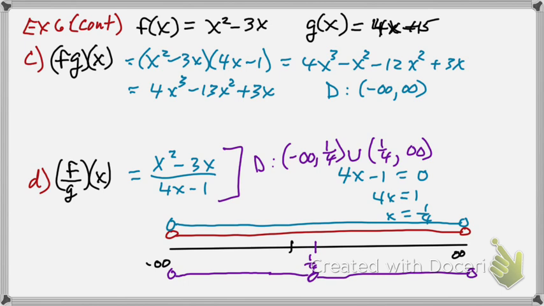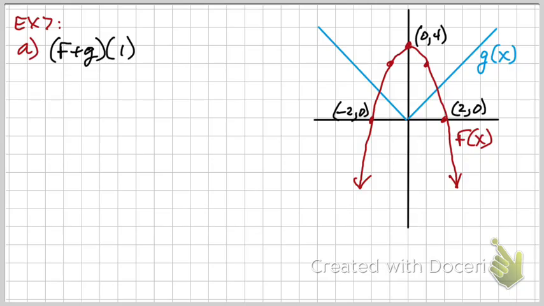Now, how else could they ask you this sort of stuff? Well, they could give you a diagram. I'll let you sketch that out just so you'll have it. These are not bad. What are we going to do? This is telling us we want to add those functions together and then evaluate the result at 1. Well, we can look at the diagram there. What's F at 1?